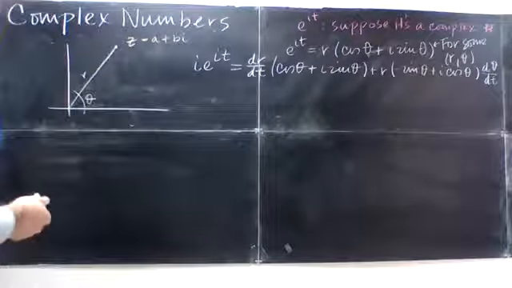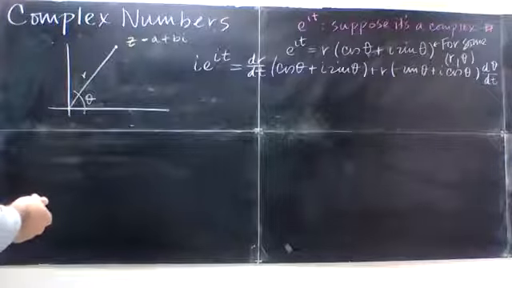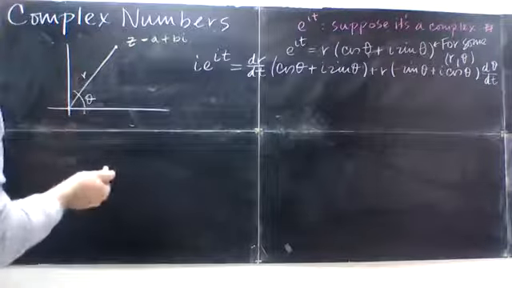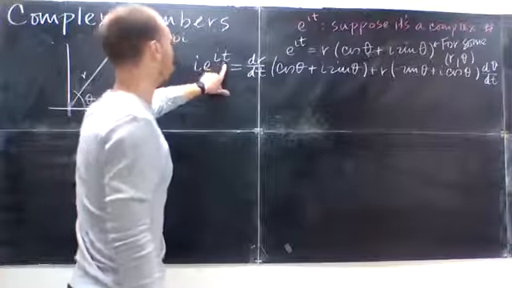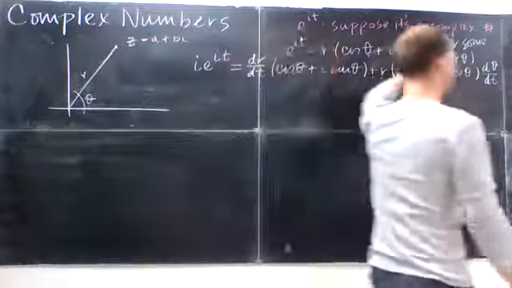But right now I still have t's in here, right? I still have an actual t. So I need to substitute on e to the it, but I've got a formula for e to the it.